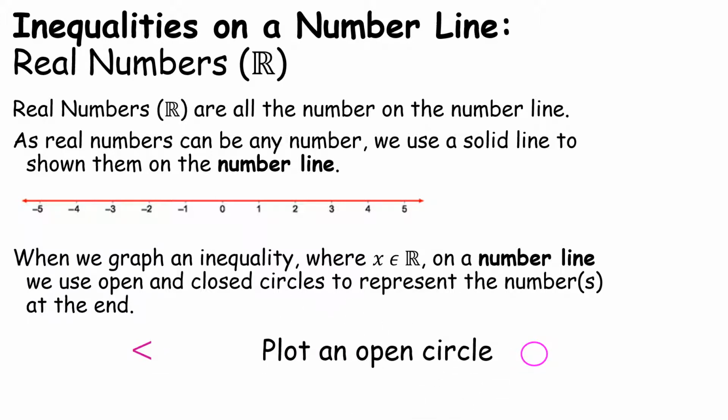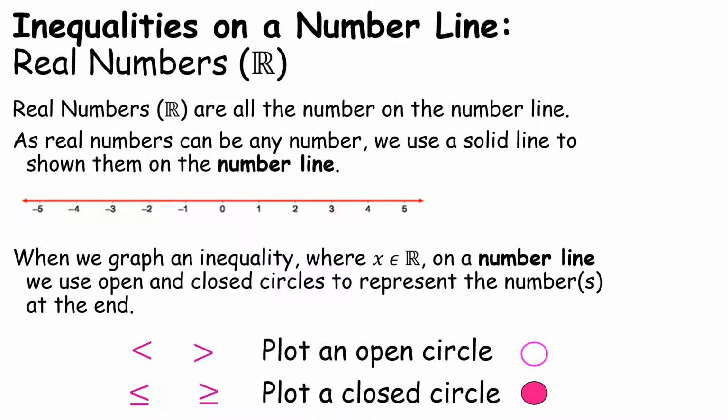If it's a less than symbol or a greater than symbol, we plot an open circle like this to tell the person who's reading our graph that all the values up to that point are included, but the value itself is not included. Then if we have a less than or equal to or a greater than or equal to, because that number is also included, we use a closed circle or a dot.